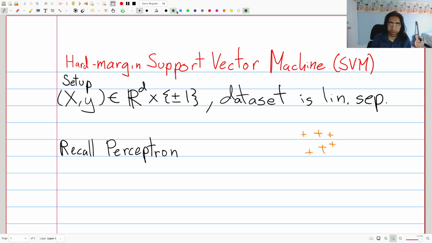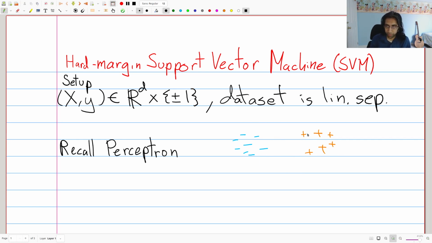And there's going to be some points over here which have another label. And the idea is linearly separable means that there's some line we can draw between the two different classes, or perhaps in a higher dimension, a plane that we can draw which separates the two different classes. That is, all the plus ones are going to be on one side and all the minus ones are going to be on the other side.